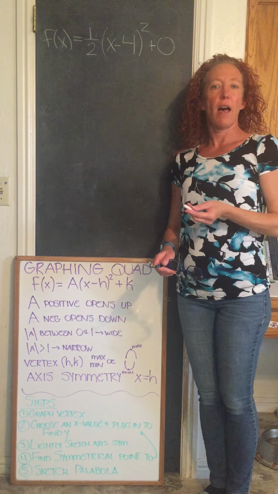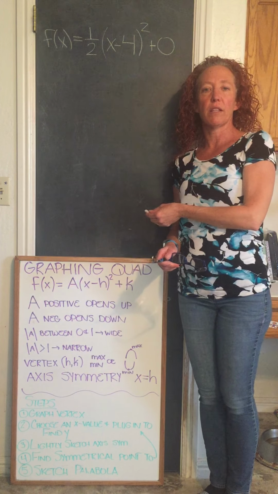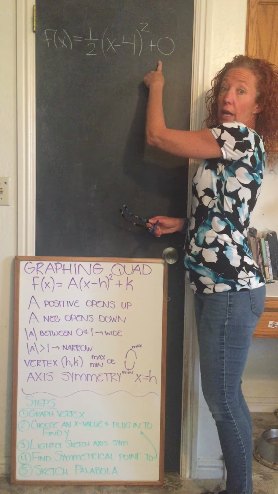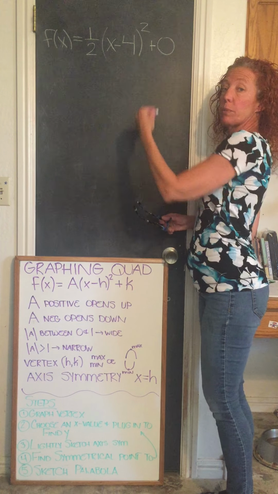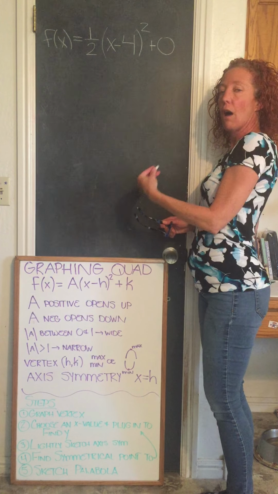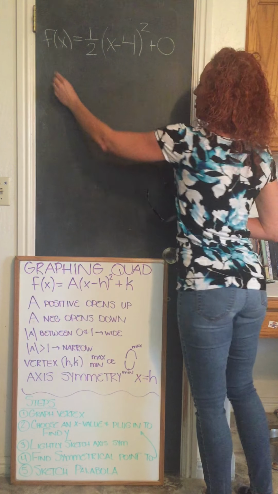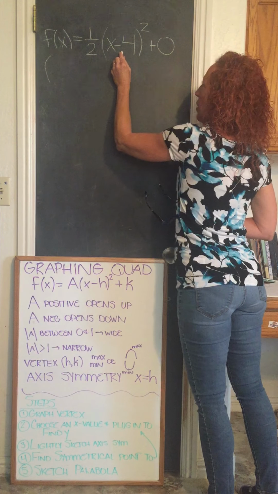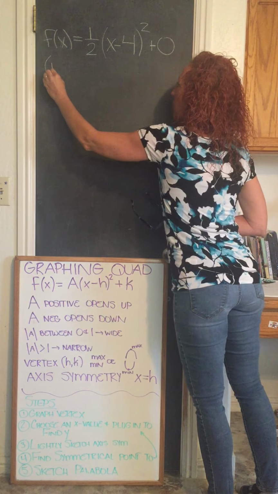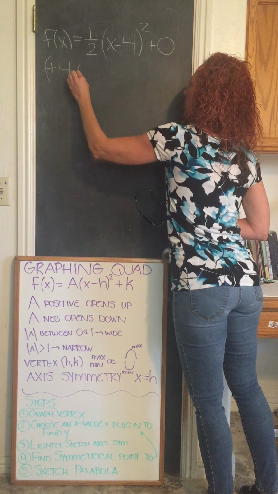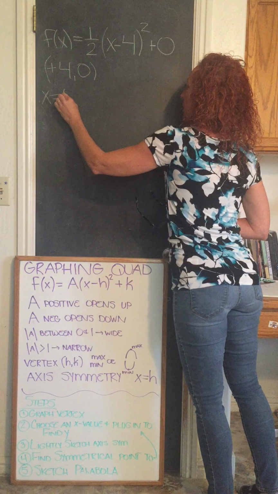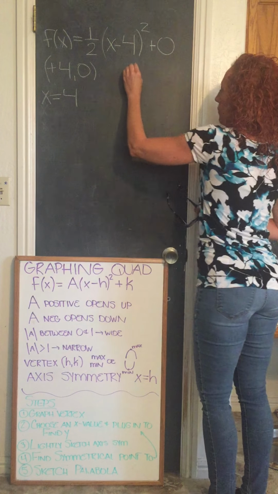So it's not like you don't have a y-coordinate, but when you see these problems in the book or on the exam or what have you, you go ahead and add in that 0 because it means we didn't shift that parabola up or down any. We just shifted it to the right. So my vertex, opposite same, is going to be a positive 4, 0. My axis of symmetry is going to be x equals 4.